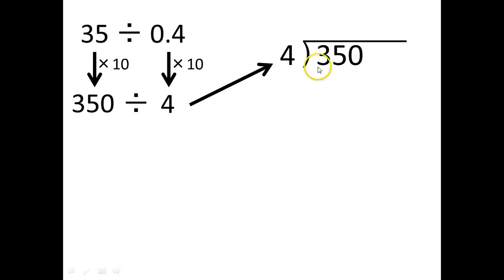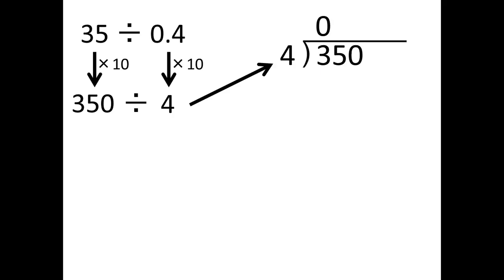So I'm going to be focusing on this number first, 3. And I'm going to ask myself, how many times can 4 go into 3? Or, into how many equal parts can I divide 3 by 4?